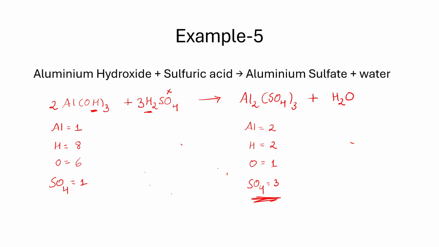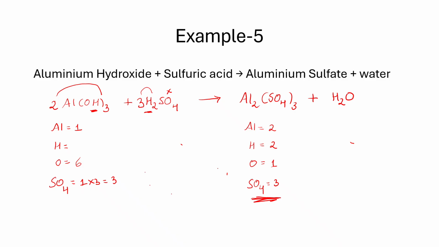So when we do that, the number of sulfates also comes out to be 3, and it changes the number of hydrogen atoms as well. So we already had 6 hydrogens from here, and now we have 6 hydrogens from here.